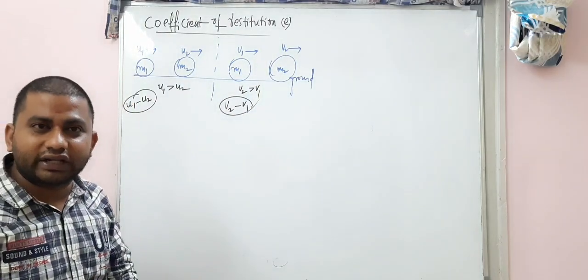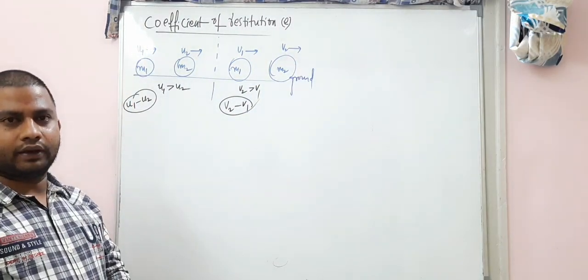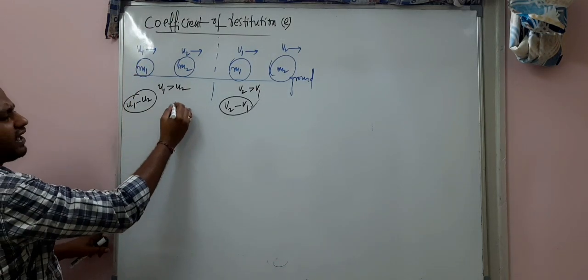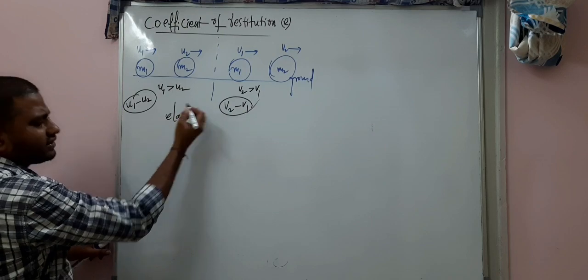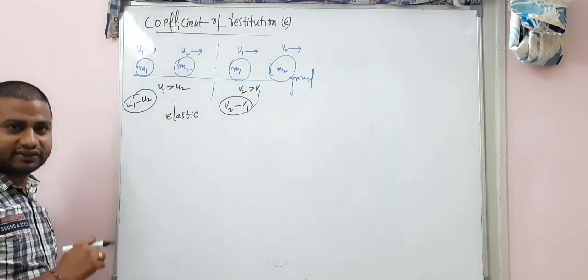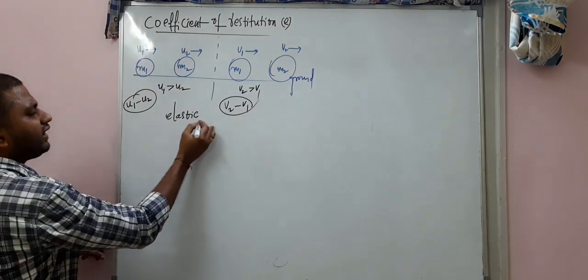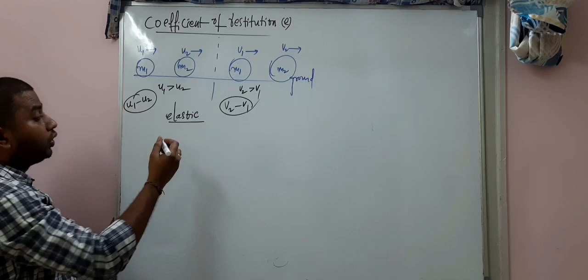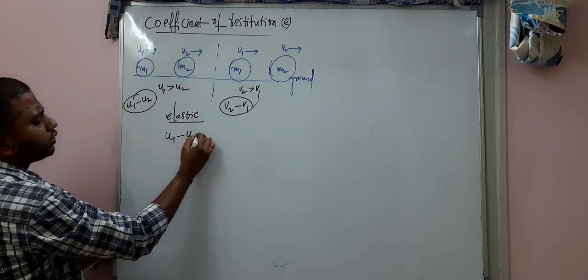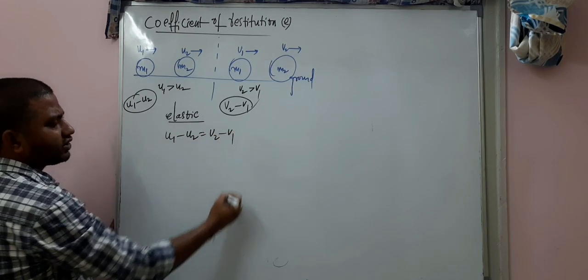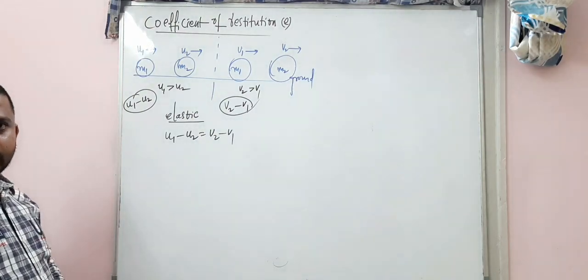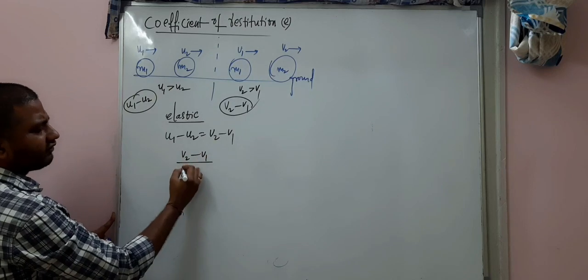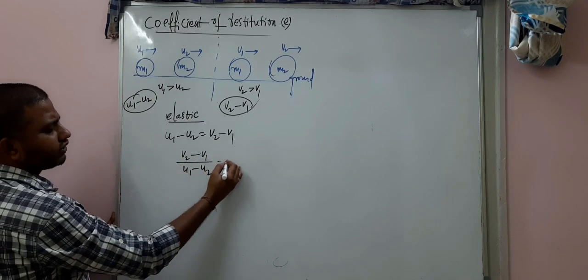Why am I talking about the relative speeds? Imagine this kind of collision is elastic, my dear students. What we have discussed in the previous classes is u1 minus u2 is equal to v2 minus v1, right? So that means v2 minus v1 divided by u1 minus u2 is equal to 1.